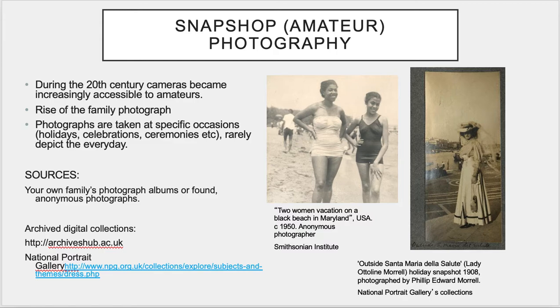Typically, these images often represent happy times and special occasions, holidays and ceremonies and such, and so might not necessarily give an insight into the everyday. For example, one of the images here, from the Smithsonian Institution archive, shows two women on vacation on a Black beach in Maryland, USA, circa 1950.